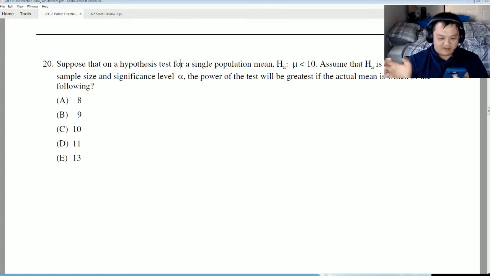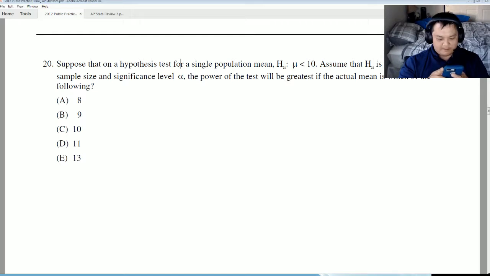It's the property of beta and power. I think the one you're referring to is for fixed values, fixed n and fixed mean. You can adjust the alpha.